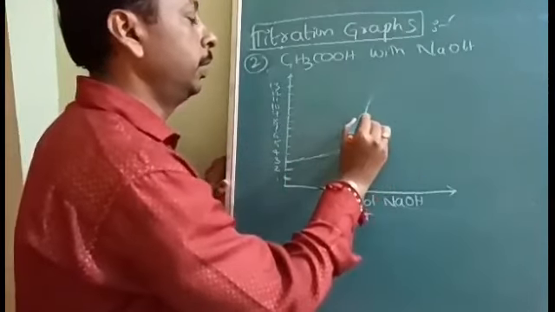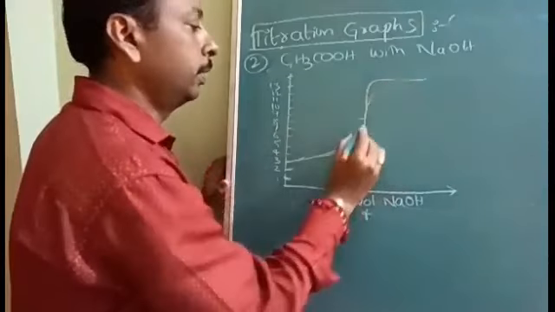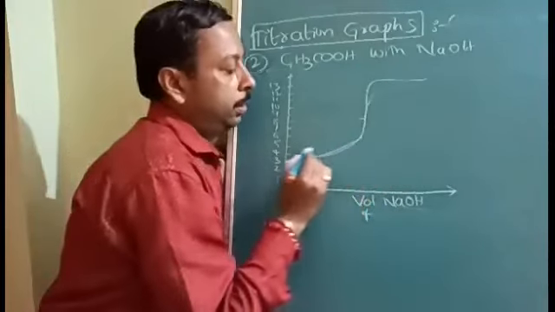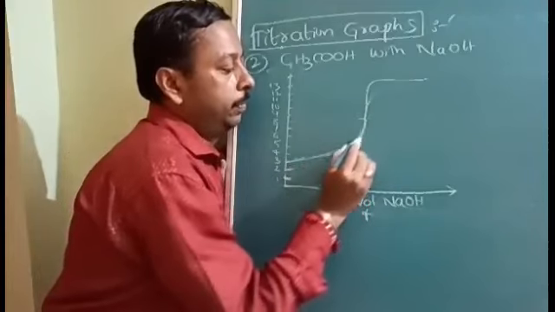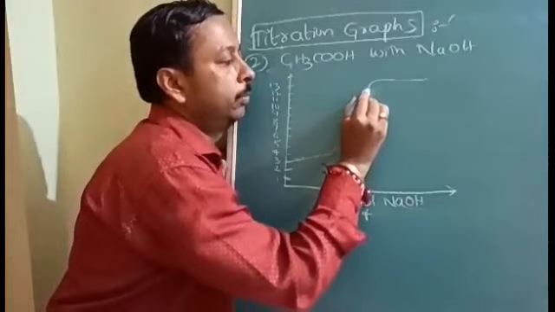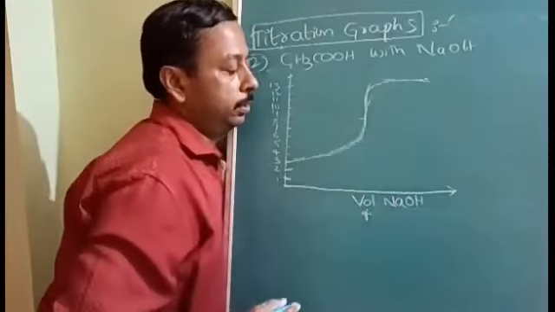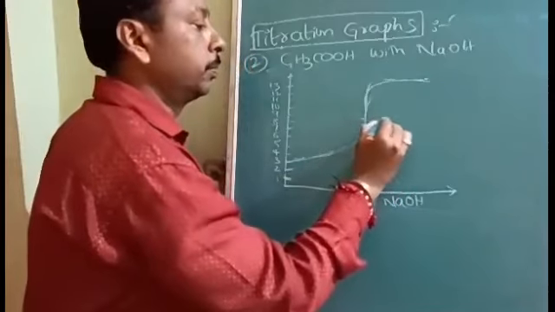After that this length will be more. On the acid side it is weak, therefore the steepness is less, but after that NaOH is there, therefore the steepness will be more on the NaOH side. So this is the equivalence point.